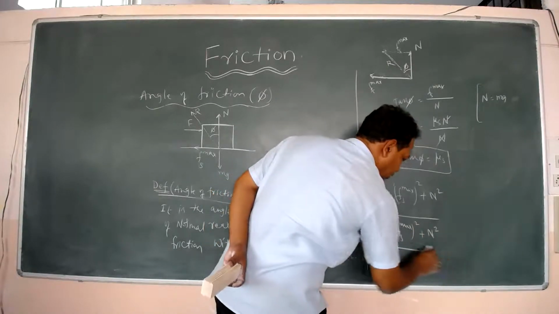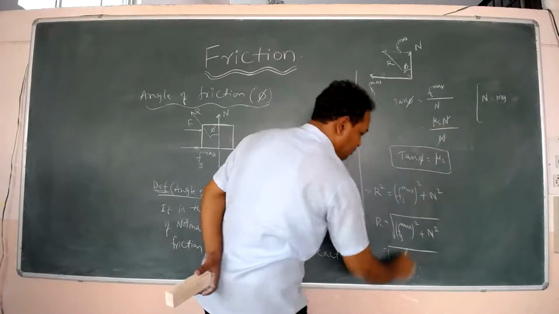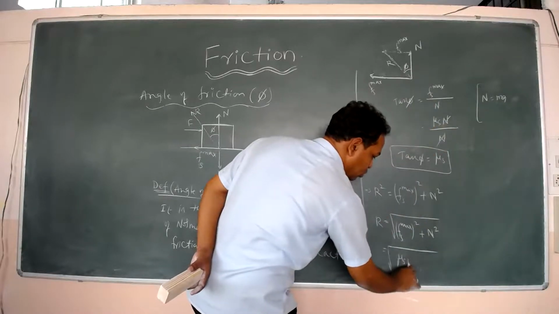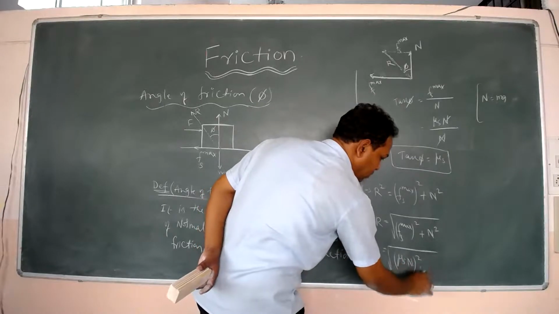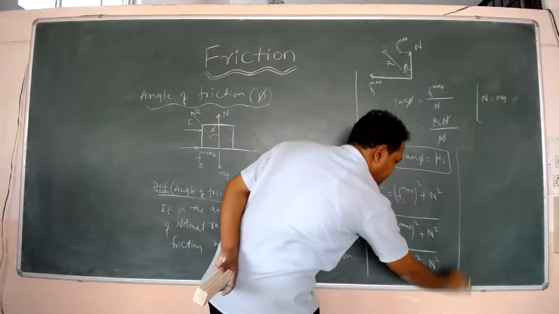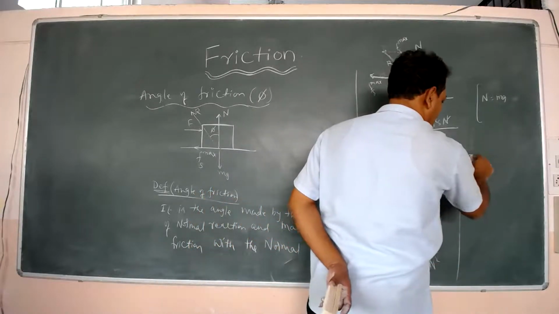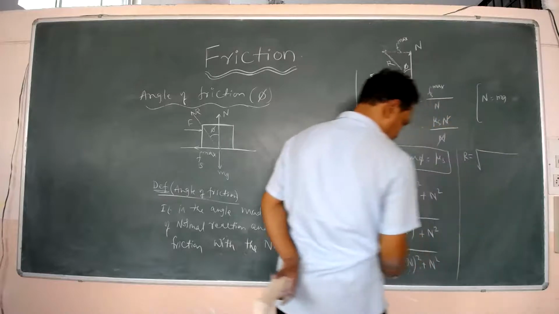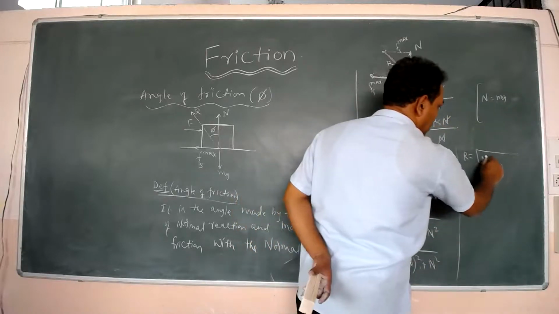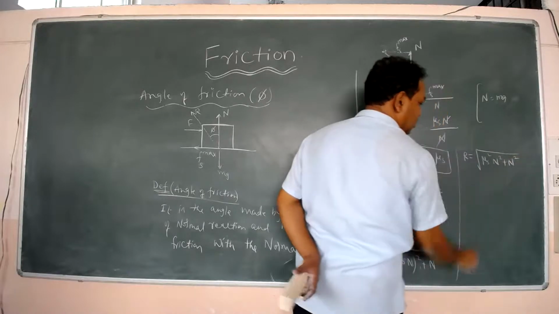Therefore, root of Fs max means what? Just now, Fs max means mu s into N. So mu s into N whole square plus again N square. Thereafter R is equal to root of mu square N square plus N square.